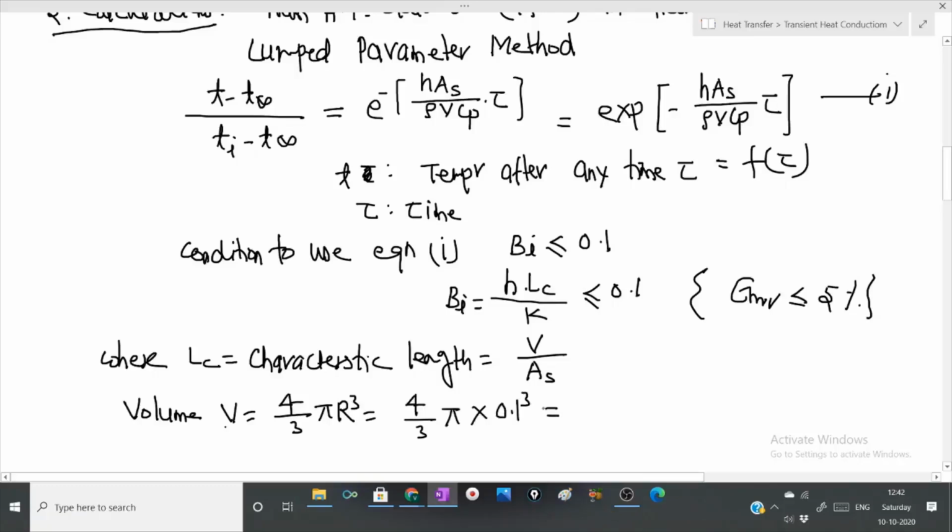I calculated this value, and the volume comes out 4.188 into 10 to the power minus 3 meter cube.